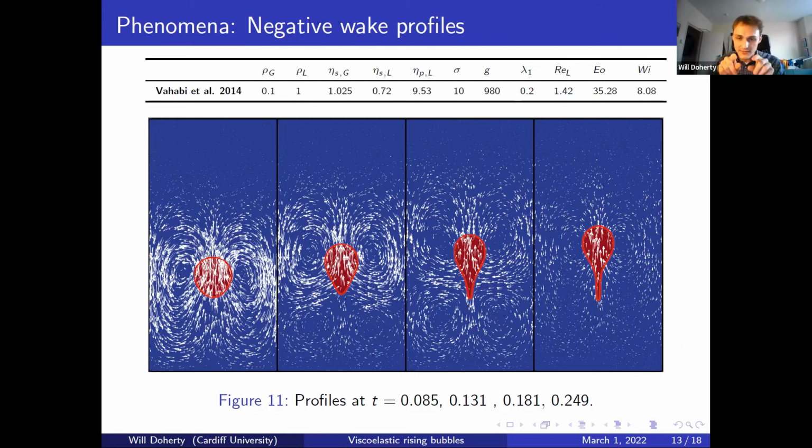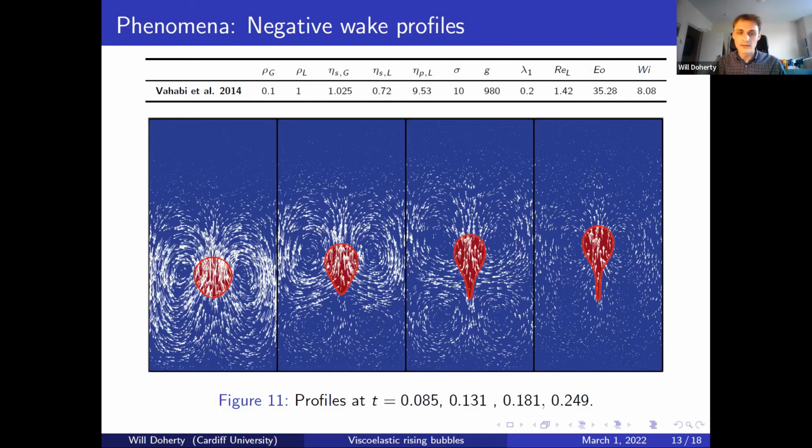You can see the velocity or vorticity fields as well. And the amount of deformation that the interface goes through is quite extreme. It starts as just a similar sort of teardrop that I showed you in the first one, really starting to get pulled down and down and down. And then on the right, you can see that the negative wake has ended, the velocity has rebounded back up because the elastic energies run out in the fluid, and the bubble is going to start rising again.